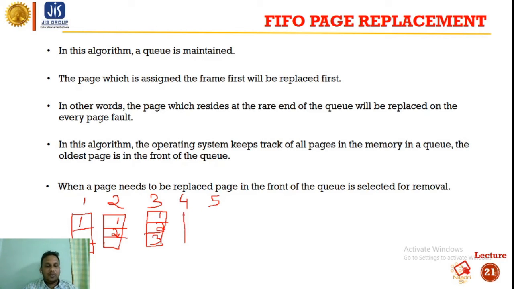So while 4 will be placed in case of the FIFO page replacement algorithm, we have to see that basically three pages are there, 1, 2 and 3. Any one of these three will be replaced with 4.